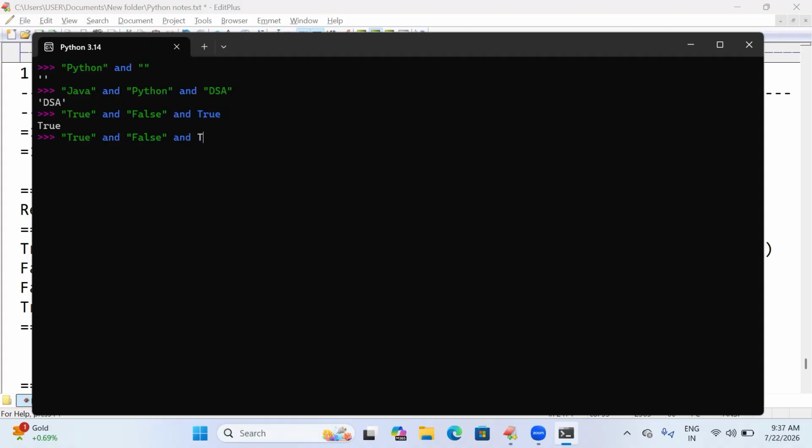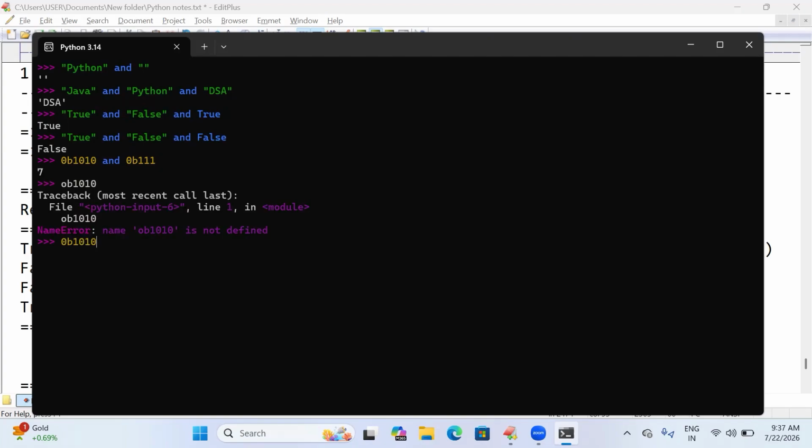So if I do this, here I'm going to declare false. Then the output is false. Like that, if I declare binary value 1010 and binary value 111, then the output is going to be retrieved as 7. See here, 7, right? This 0B1010 is a value of 10.